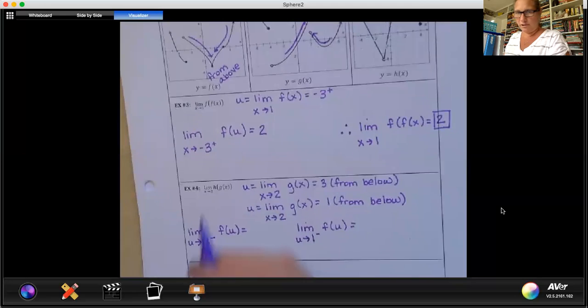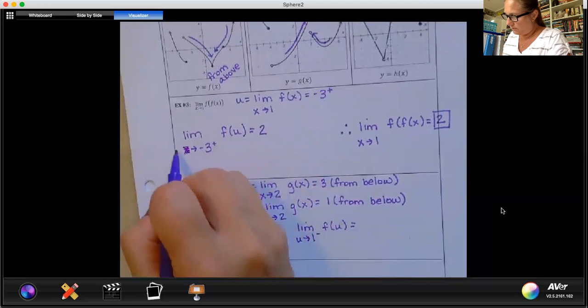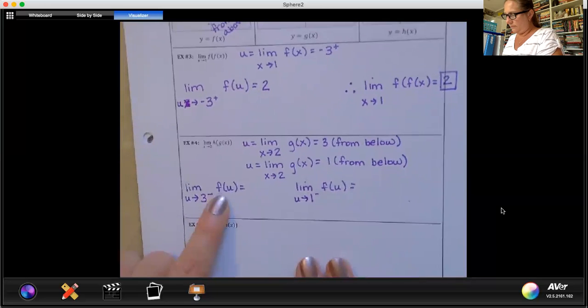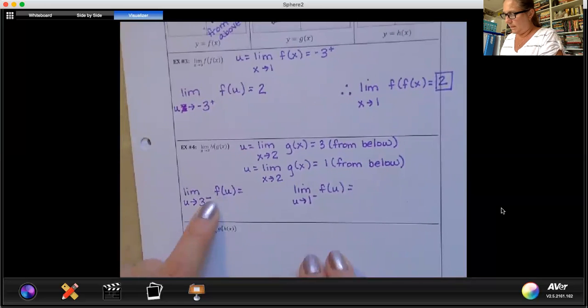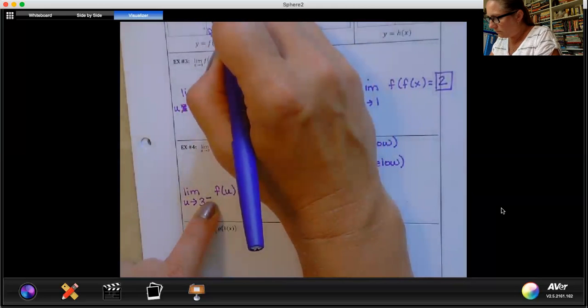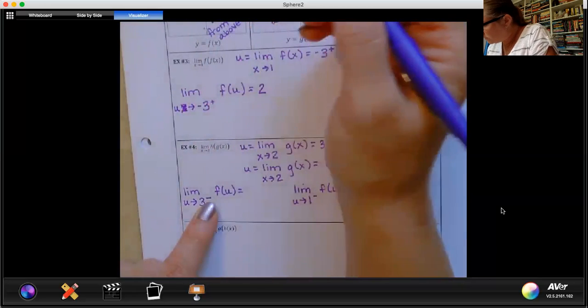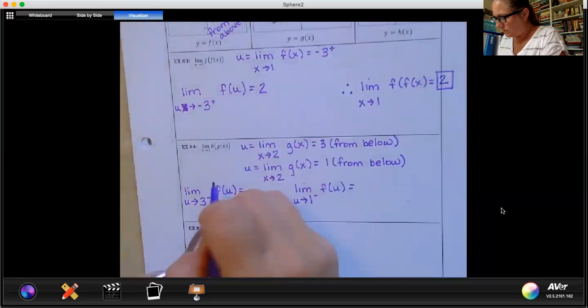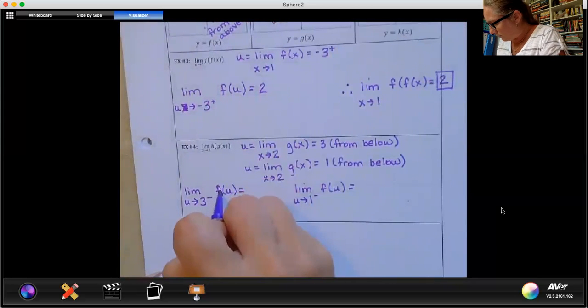And let me make a correction here. This should be u, not x. So h approaching 3 from a negative direction, 1, 2, 3 from a negative direction. I'm sorry, that should be h. I was wondering why my answer key is wrong.